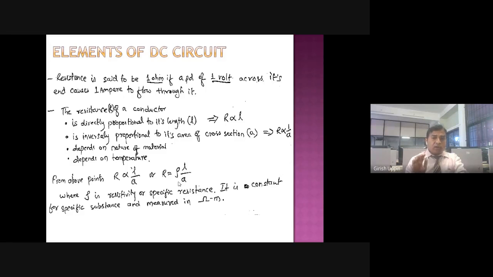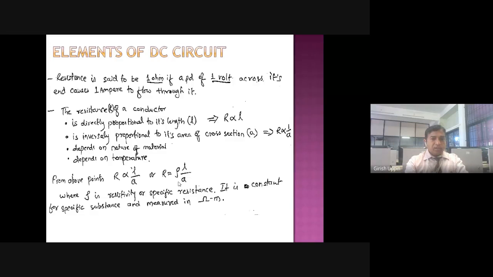It is constant for a given material. For a given material, resistivity or specific resistance will not change. Let us say copper has some specific resistance. For copper, it will remain the same. If you take aluminum, it might have a different specific resistance, but it would be constant.